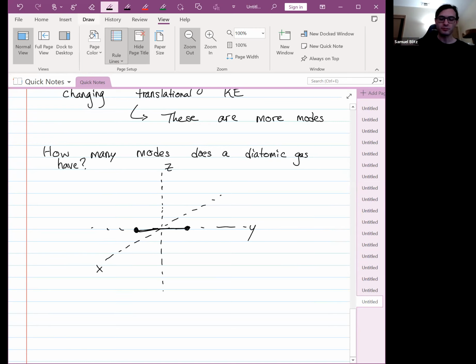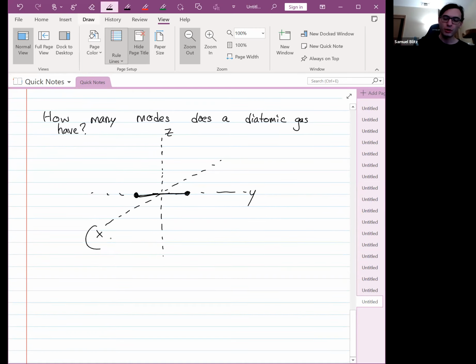So in principle, you could rotate around the x-axis, and the moment of inertia there is not 0, i.e. you can store energy by rotating that way. This kind of makes sense, right? It takes effort to actually get this thing spinning this way, and so that means that the energy that you can store there is also not 0.